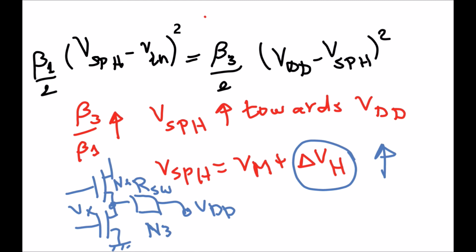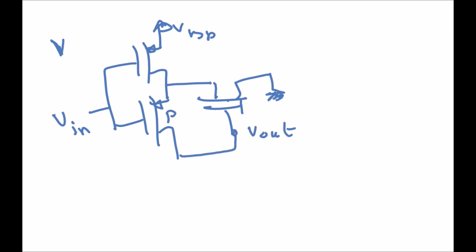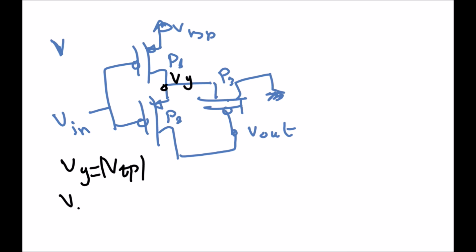If we look at the PMOS side, we have the same analogy. Let's do it quickly. The PMOS side, V input, and here V output. Here it's connected to ground, and here is VDD. Now this is V out, and this is P2, P1, P3. Okay, I have drawn it in analog style anyway. Here's Vy. Initially, Vy was modulus VTP, and V input was high, let's say VDD. V output was 0.